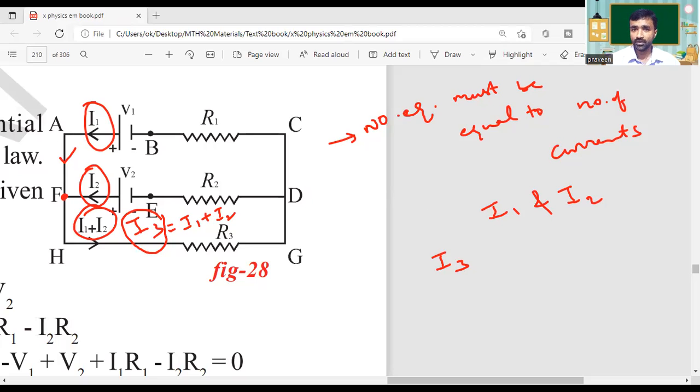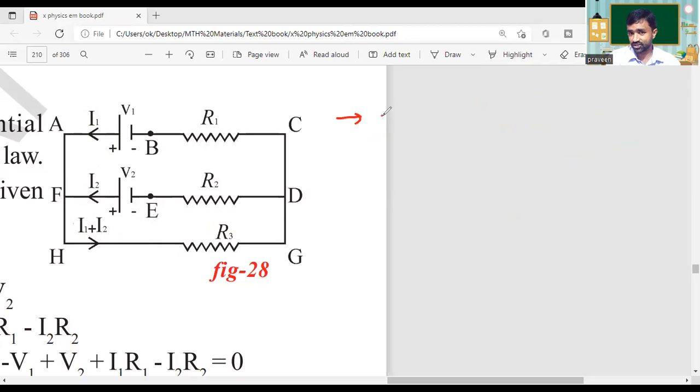Okay. So you need to observe this. For two equations, I need to select two loops minimum. Whatever number may be possible, you need a minimum of two equations by selecting two different loops.